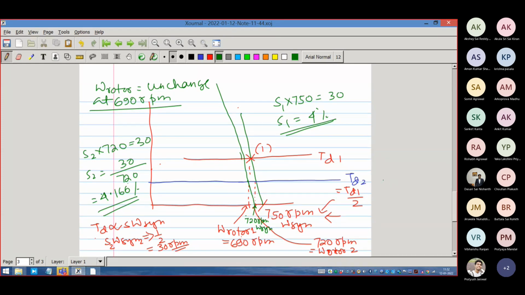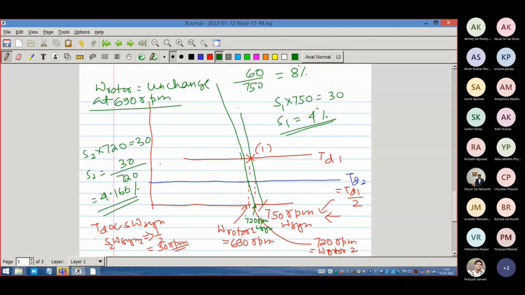When I was producing TD1, our slip was 60 RPM out of 750 RPM. So the slip was 60 divided by 750, which corresponds to 8%.